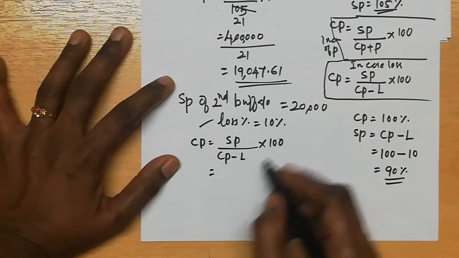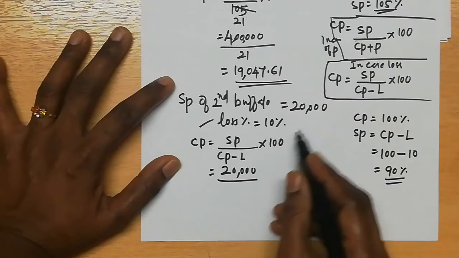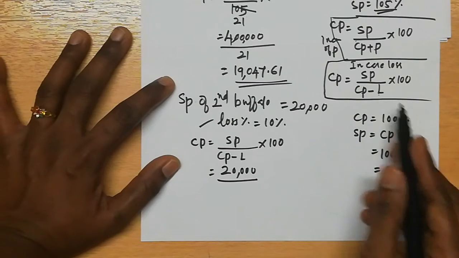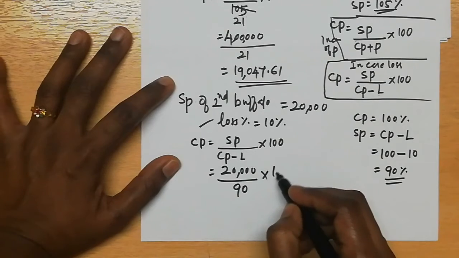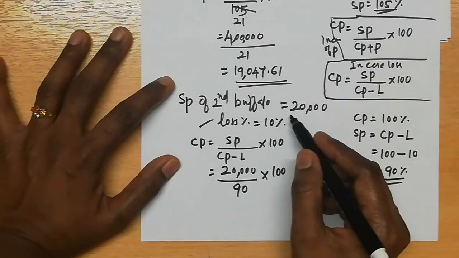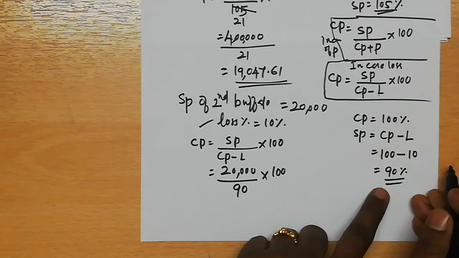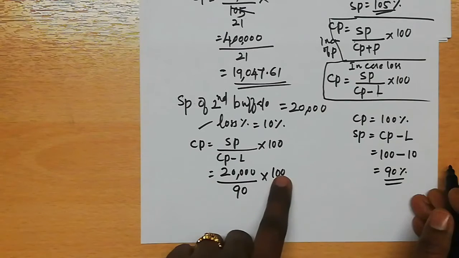Then what is selling price? That is 20,000 by cost price minus loss, that is 90, into 100. In that case also, as we told before, the selling price is 90%, and 90% is 20,000. Then we have to find the cost price.